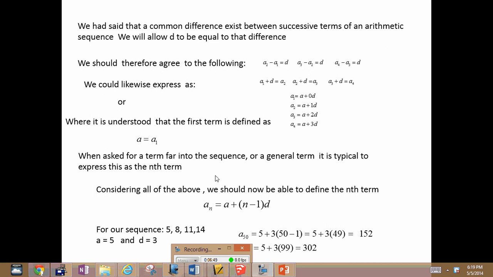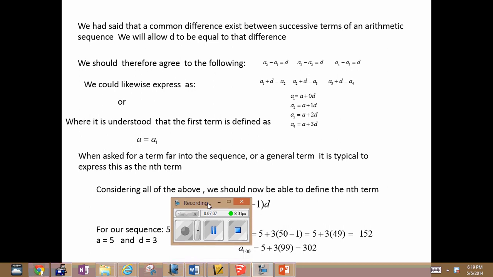Arithmetic means, again, it progresses by adding a common term to each successive term, okay? And we found a formula for finding what the nth term is. The nth term is the first term plus n minus 1 times the common difference, okay? And we'll resume with the discussion in the next video.